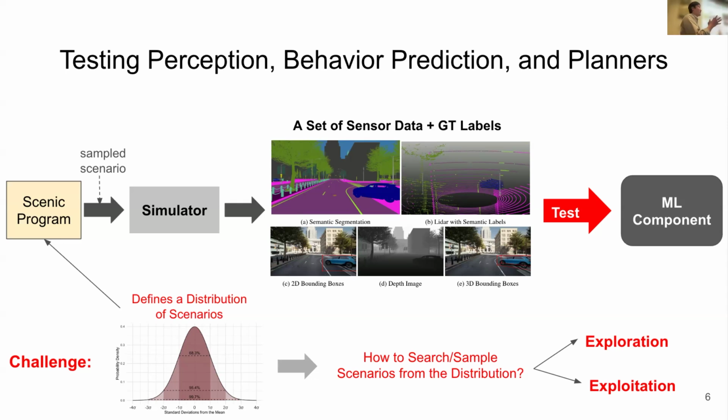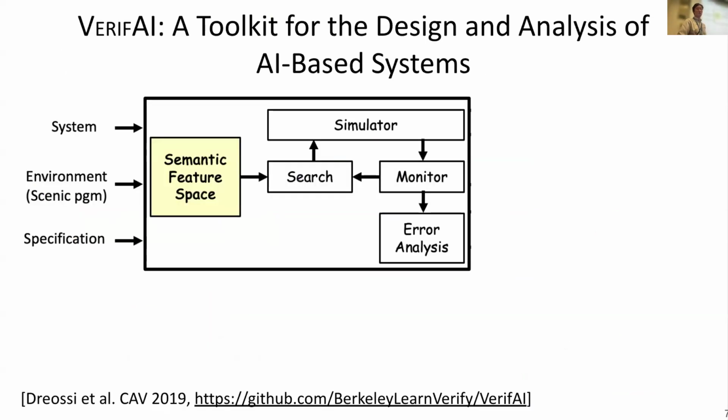However, that may not be what we want. We also want to be able to explore the whole space of distribution at the same time. So there's a trade-off. How do we balance this trade-off, right? Those kinds of things all arise in the search problem.